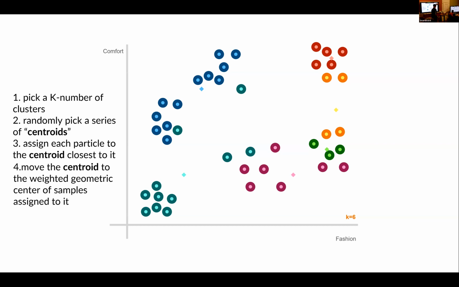It's hard to tell which one they're closer to. We might even want to reassign the blue ones into the pink cluster. And so we have to do this step again and again and again, until our centroids stop moving very much.